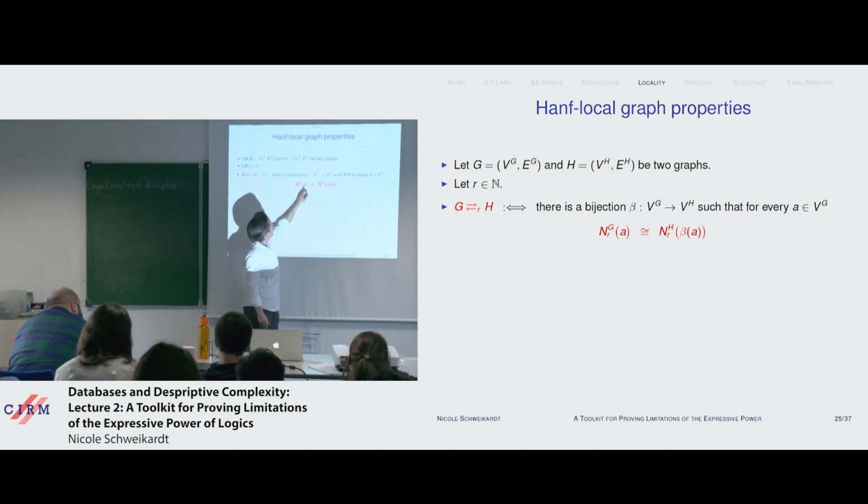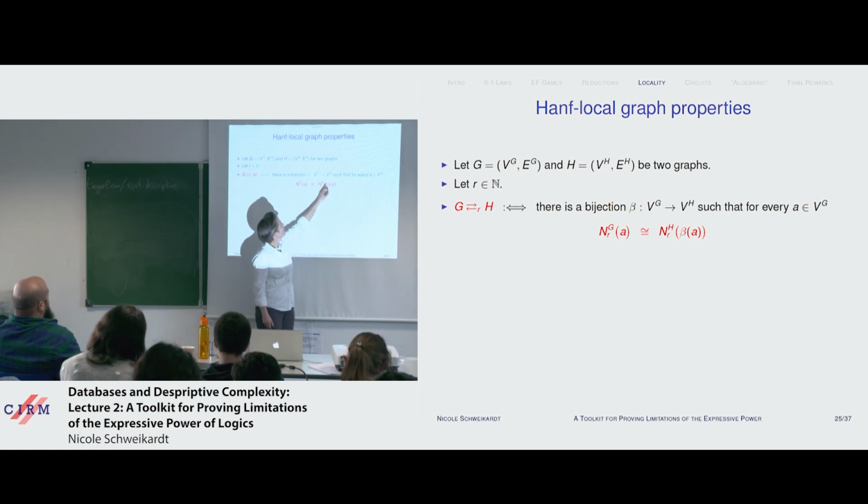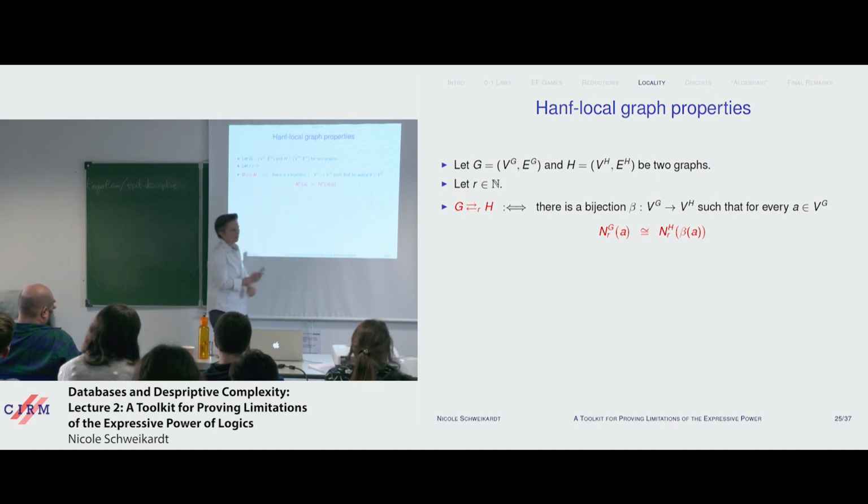So when you look at some node a in the graph G, the r-neighborhood of a should be mapped by this bijection to something that has an isomorphic r-neighborhood in the other graph.